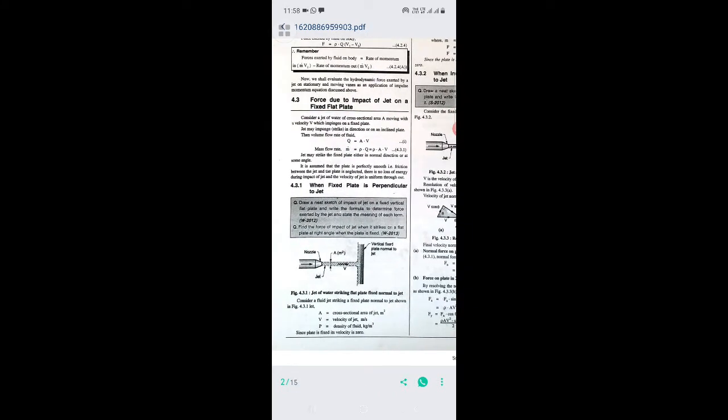Write down. Let A be the cross-sectional area, V the velocity, and rho the density.